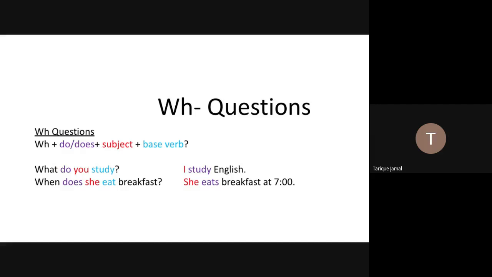So now think, if we change the question, let's say, for example, what does he study, right? So if we say what does, and then instead of you, we say he, look, the base verb doesn't change, right? What does he study? Because we have does, the base verb will remain the way it is.